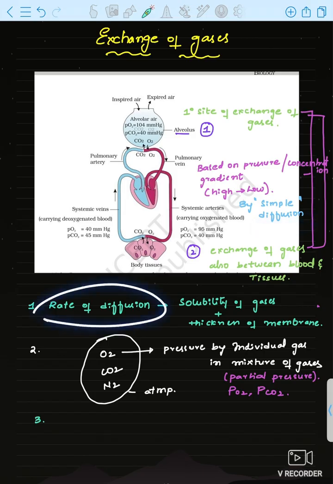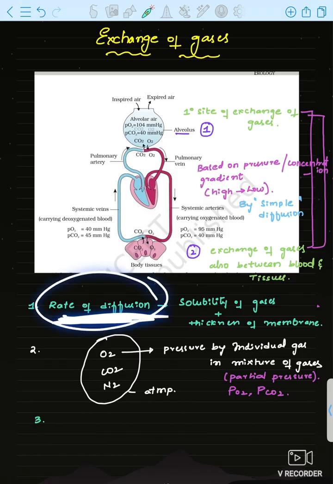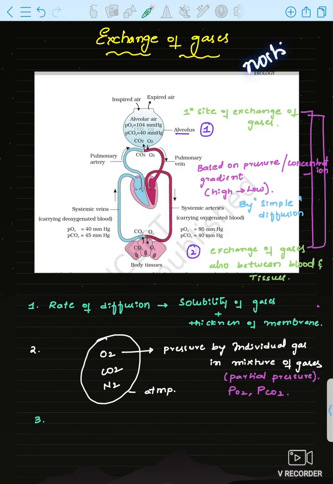It is the diffusion process only by which this exchange of gases occurs. Now what are the factors affecting the rate of diffusion? First, solubility of gases. If the gases are easily soluble, then they are easily transferred. And second, thickness of the membrane.